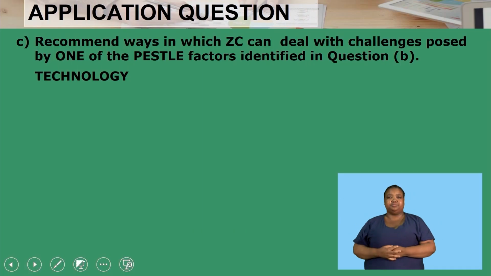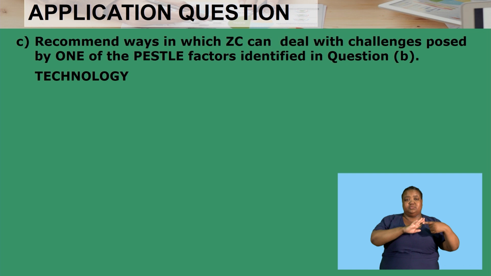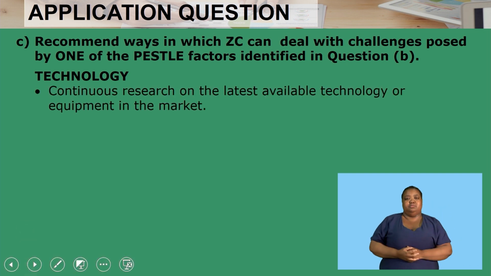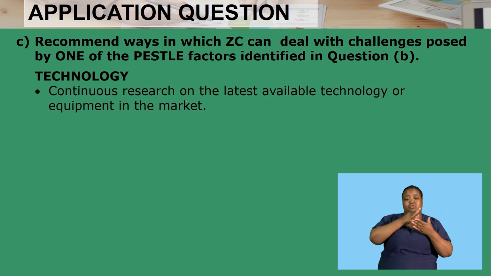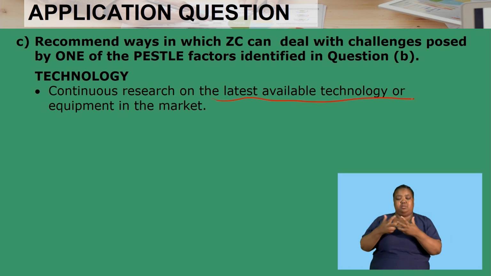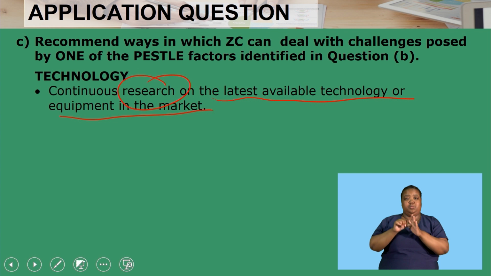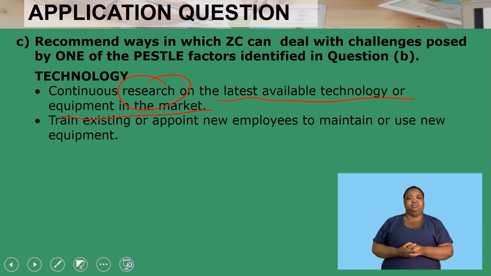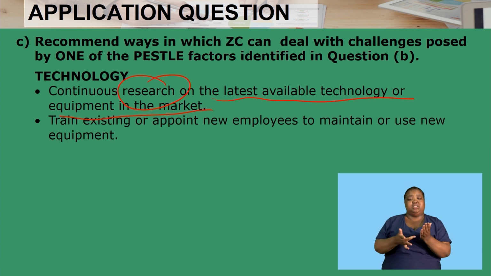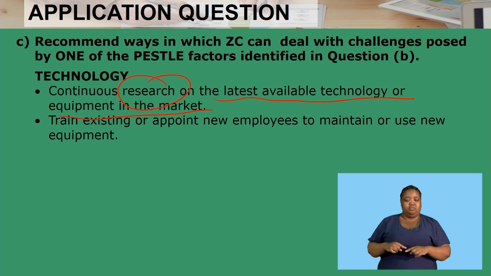Right, let's do our recommendations. What do we do? The recommendations need to link to what? To the challenge. So there should be a continuous research on the latest available technology or equipment in the market. So research, very important, so that we can at least keep up with the latest developments or changes.